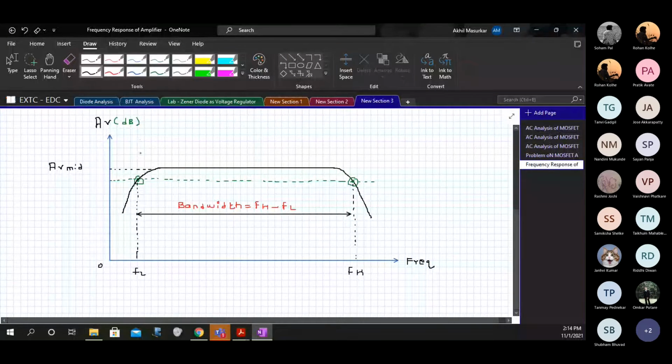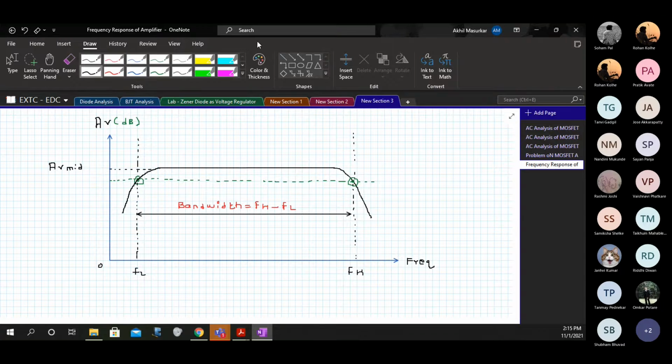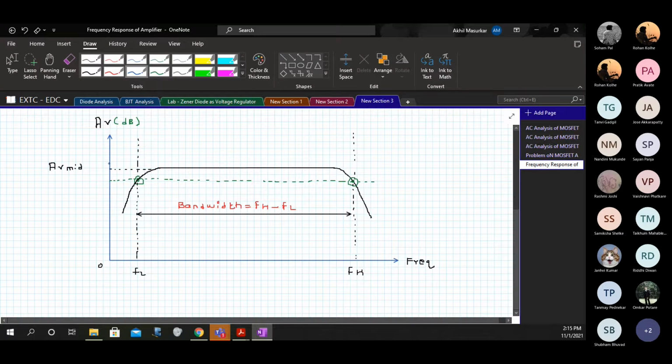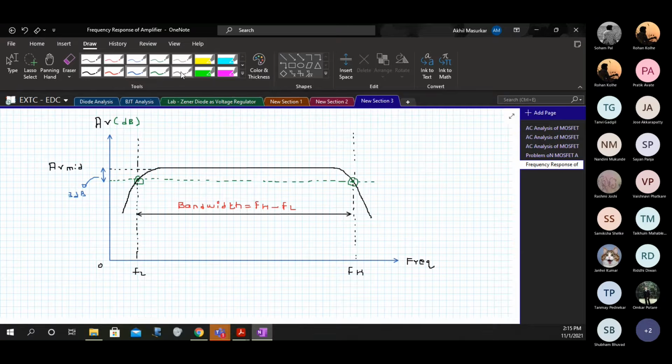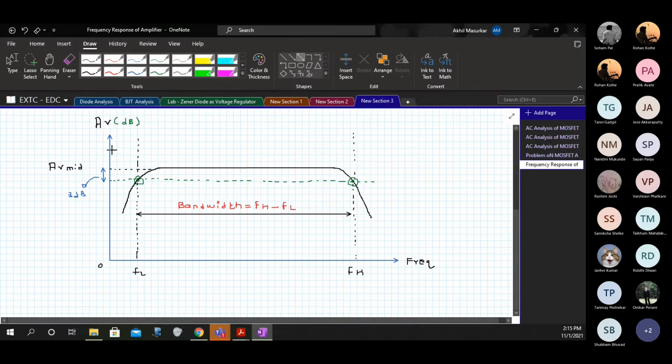So bandwidth is FH minus FL. Now you can see that the graph got divided into 3 regions when we did this. This distance is 3 dB. This is the first region, this is the second region, and then we have the third region.